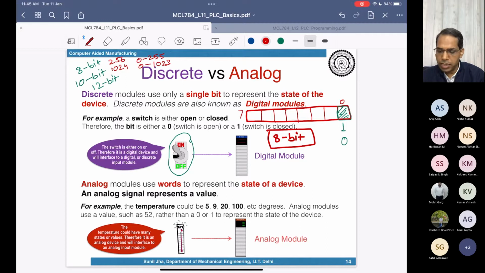It will be occupying the complete 1 byte, or 2 bytes, that is 1 word location, that is 16-bit, depending on the controller resolution. So analog will be occupying a larger space in the memory compared to the digital. 1 bit is used for digital input, and we will be using either 8-bit or 16-bit to store an analog value.